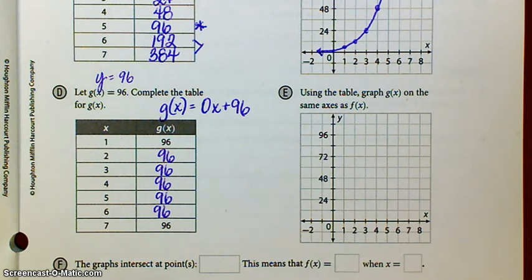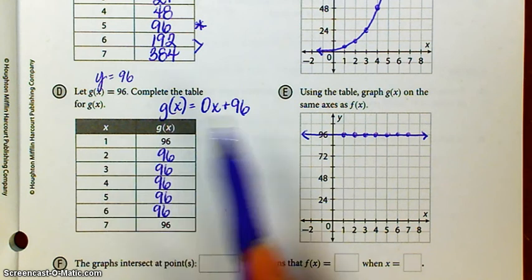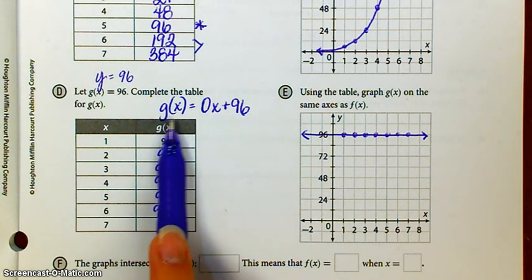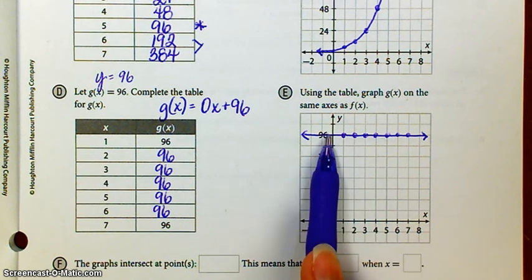All right, so let's graph that. It shouldn't be hard to see that the graph of a function that has no slope creates a horizontal line. So there's your horizontal line at y equals 96, or g of x is equal to 96.